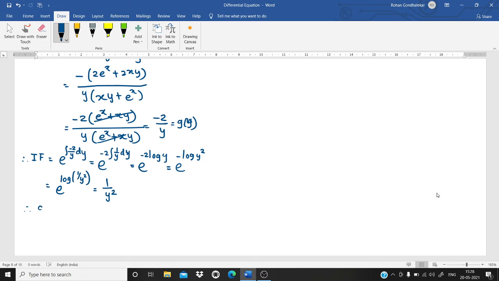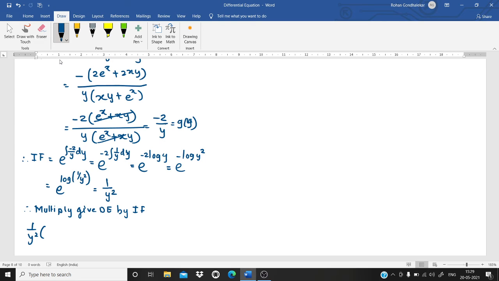So therefore, multiply the given differential equation by integrating factor. So what is the given differential equation? 1 upon y square into m.